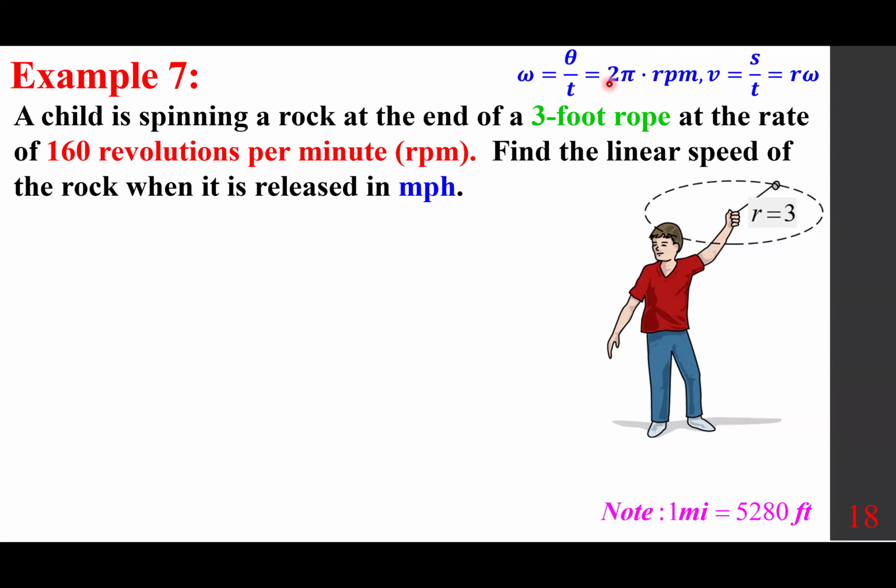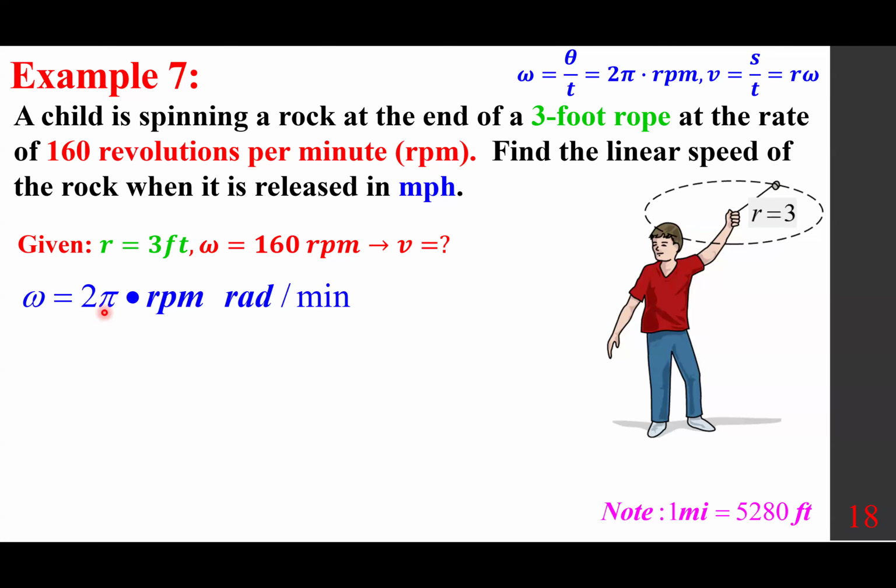So what is given? R is 3 feet. Omega is 160 RPM, revolutions per minute. V, the linear velocity, is missing. The very first thing is that we have to go from omega in RPM to radians per minute, which means we multiply by 2 pi.